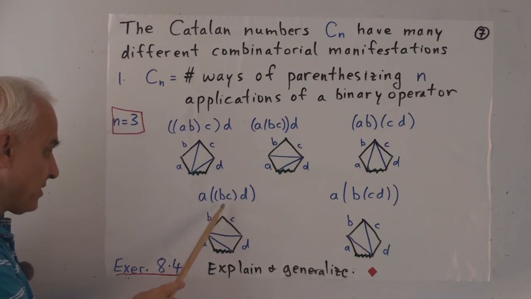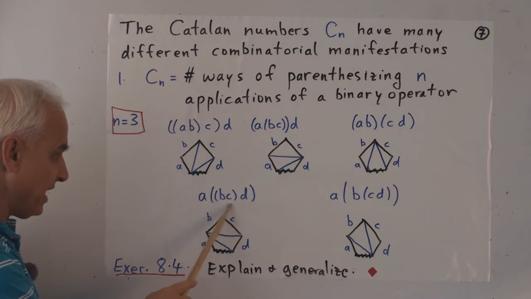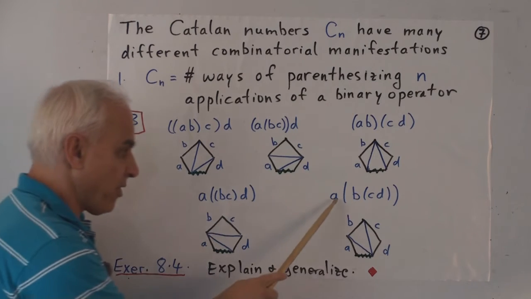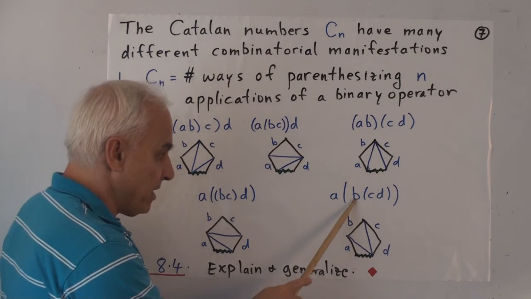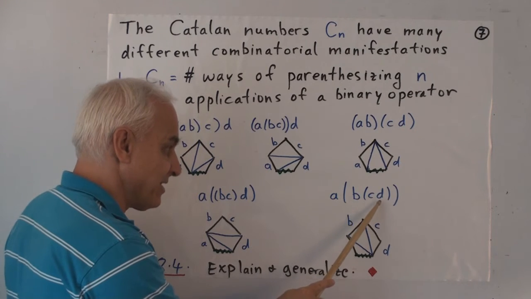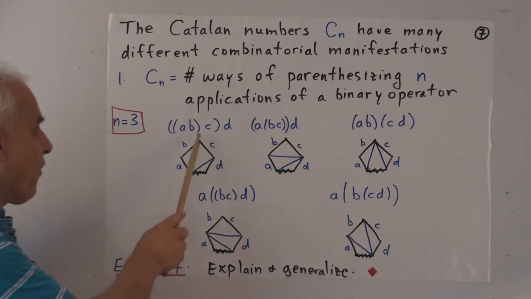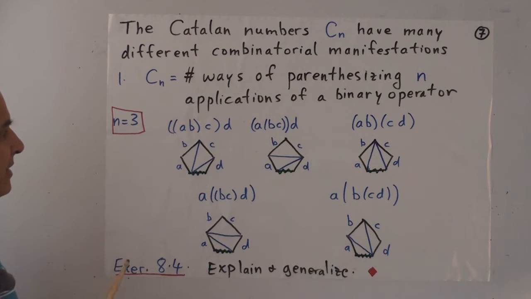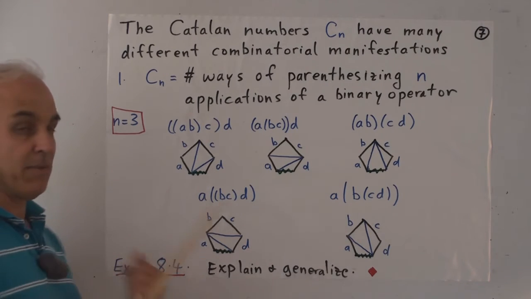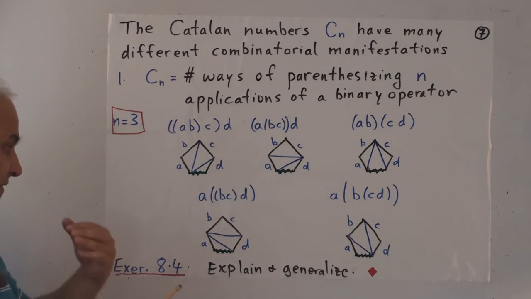Or here's a times the product of bc with d, and here's the product of a with the product b times cd. Those are the 5 ways of parenthesizing essentially these 3 multiplications amongst the 4 objects.